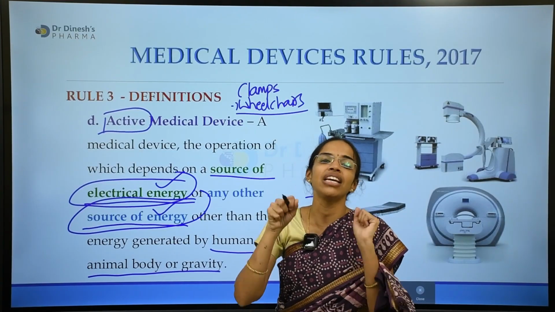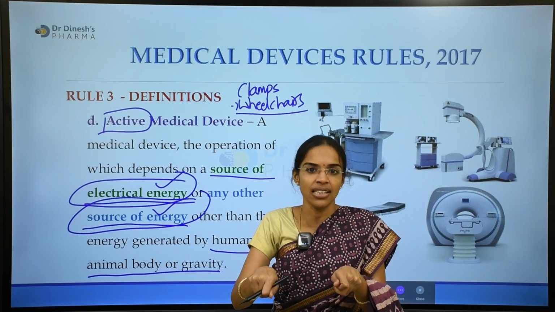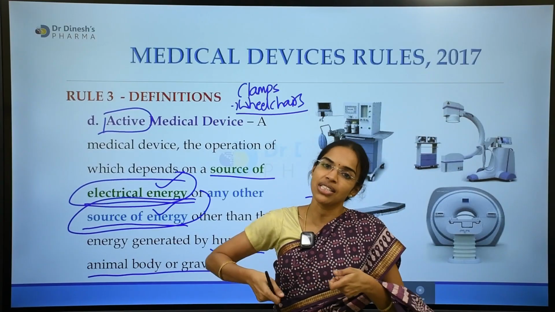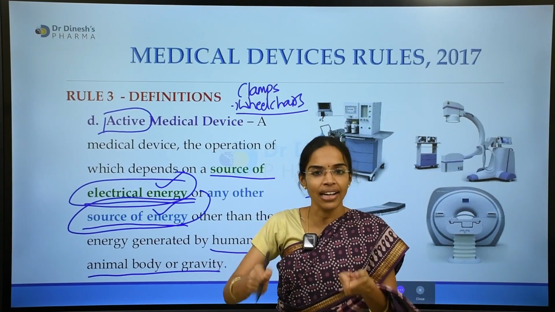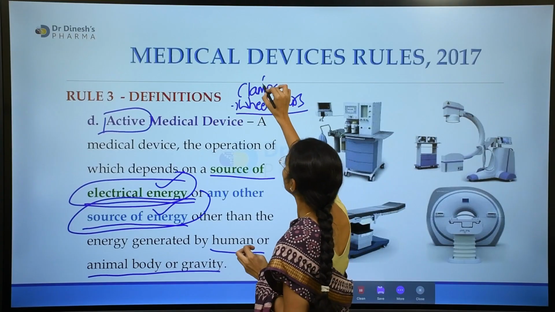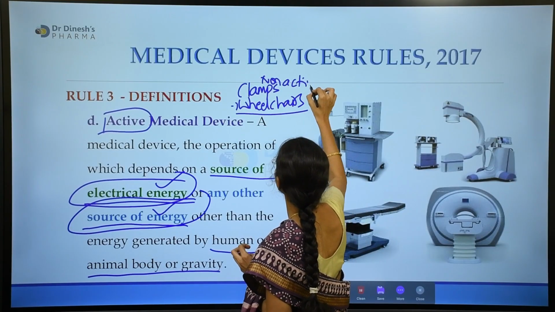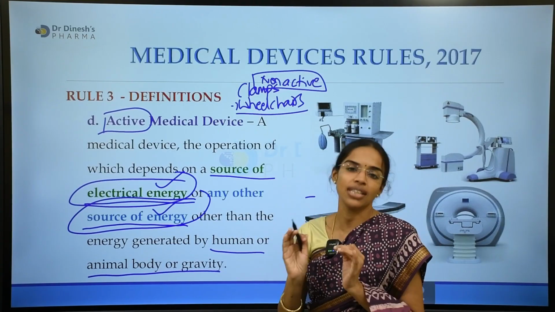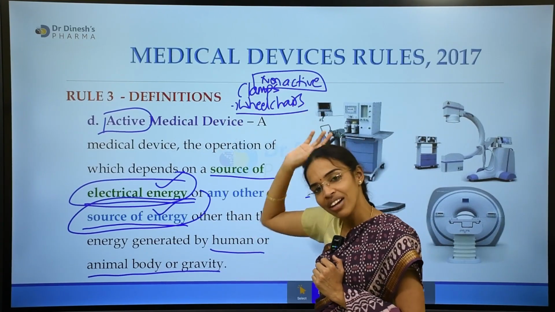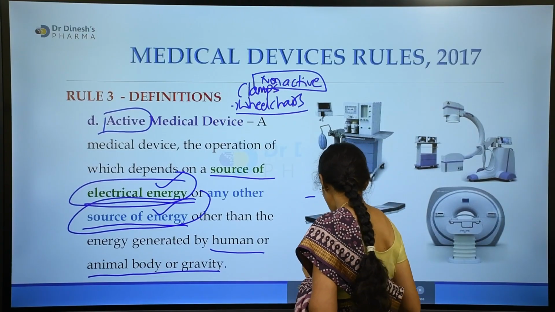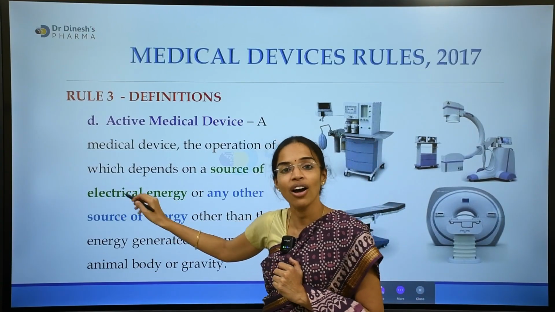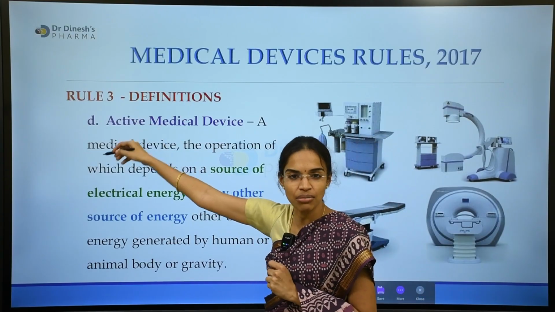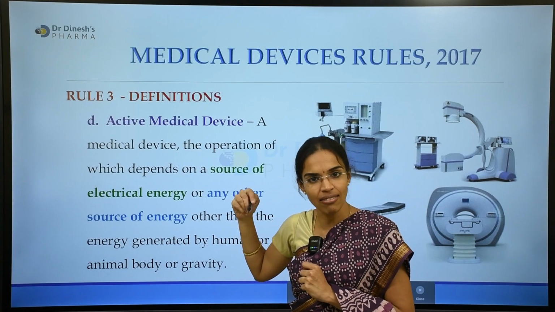But the normal wheelchairs which are pushed, drawn or dragged by an attendant come under non-active medical devices. It is not an active medical device. So active and non-active medical device definitions are very important. A device which uses electrical or other sources of energy other than human energy comes under 3D. Active medical devices are covered under 3D.